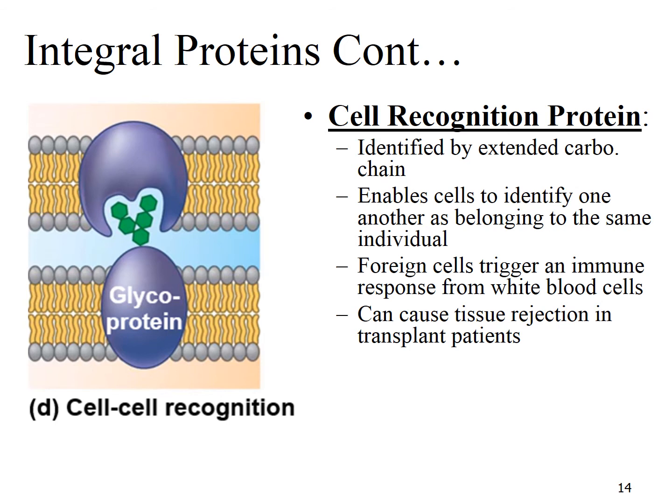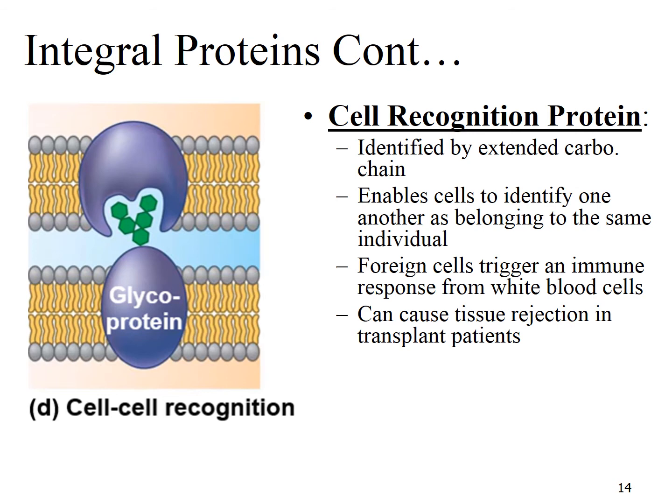And it's associated with your immune response. And so we have cells in our immune response system that will basically look at these unique carbohydrate chains and say, oh, this particular cell belongs to this individual. Or sometimes, if we have a foreign invading cell, like a bacteria or maybe even a virus, if that cell is recognized as not belonging to the individual, it can trigger an immune response by your white blood cells, which will basically attack and break down those foreign or invading cells.